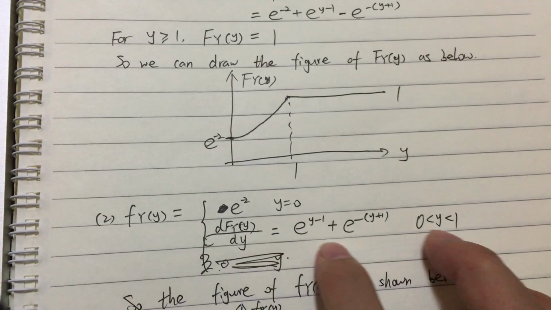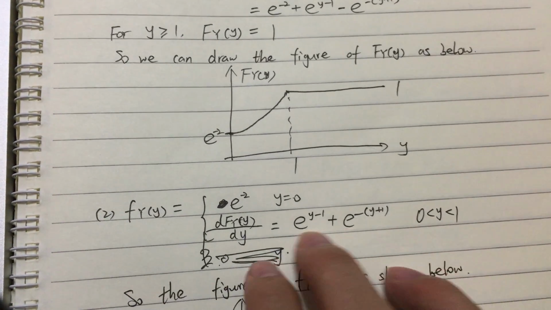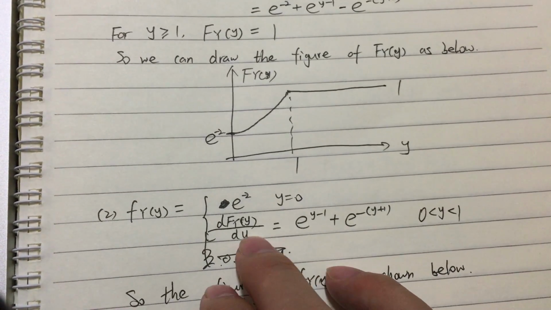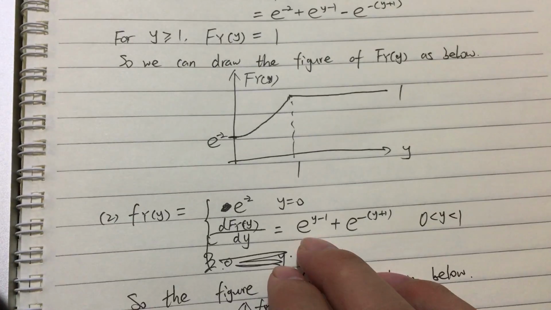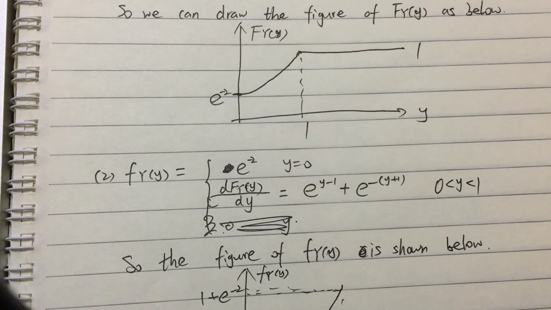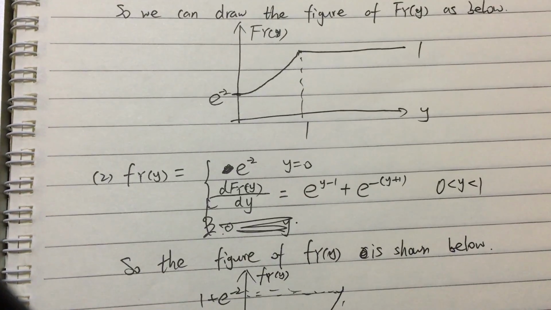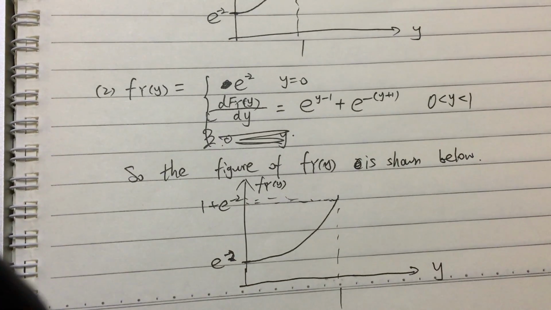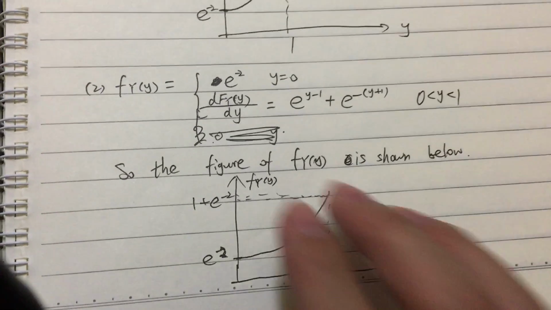And for y between 0 and 1, we can take the derivative like this, and we get the result e^(y-1) plus e^(-y-1). So the figure of the PDF of y is shown below.